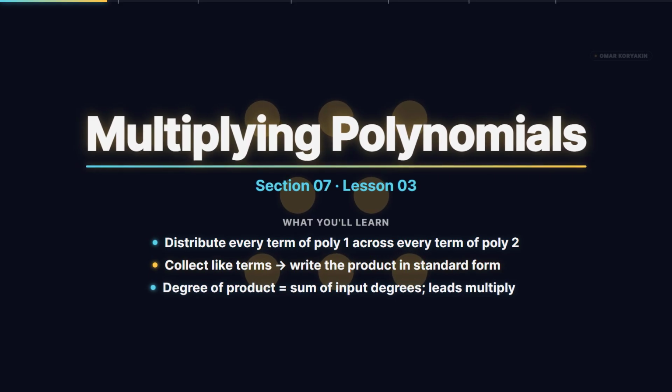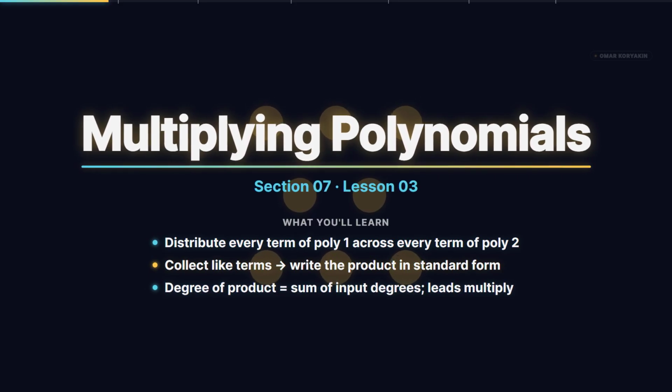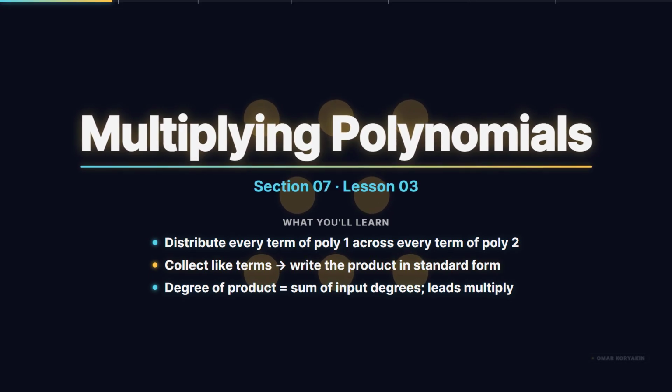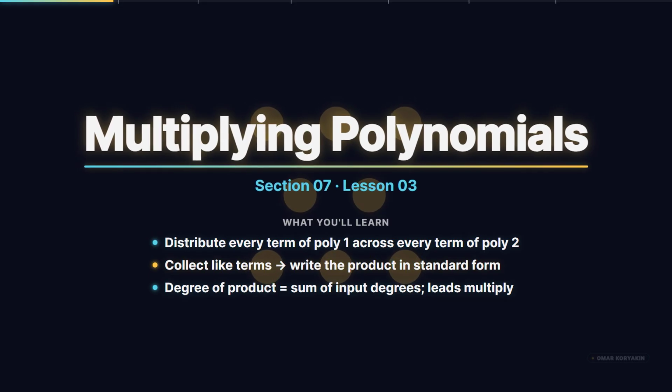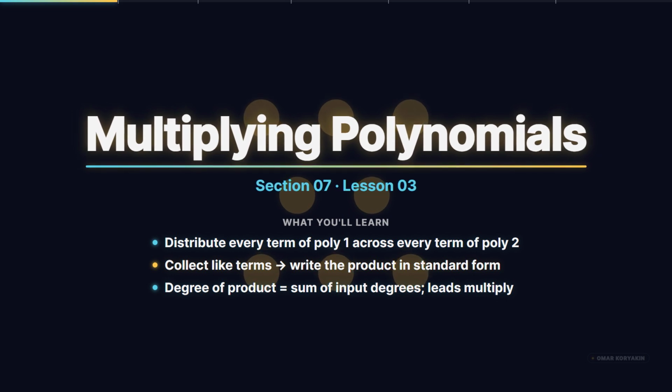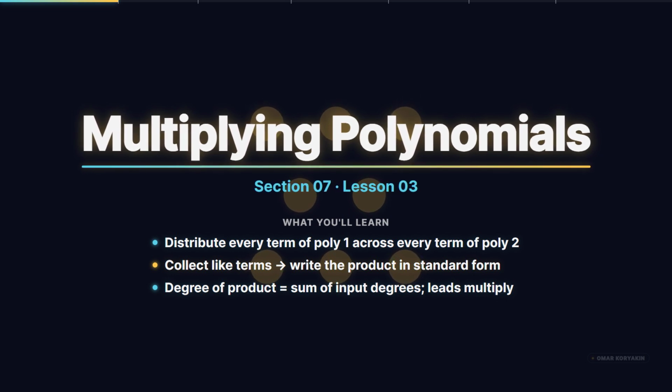After all the pairwise products are written down, the like terms rule from the previous lesson collapses them into a clean polynomial in standard form. Today we drill this on a binomial times a binomial example and a trinomial times a binomial example and lock in the distribute, then collect mechanic for the rest of section 7.